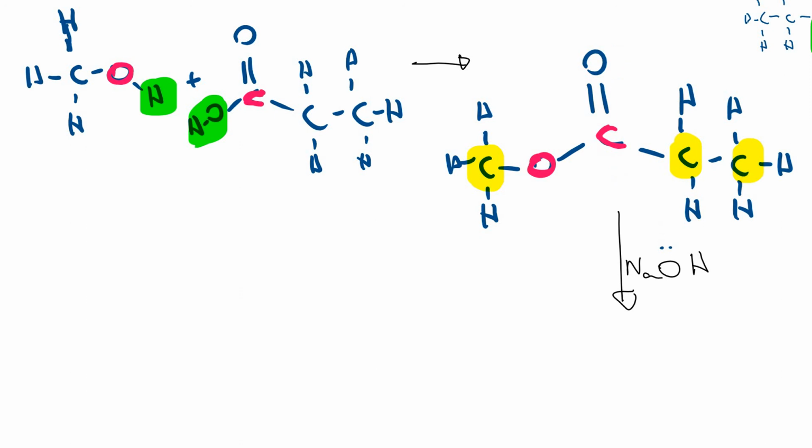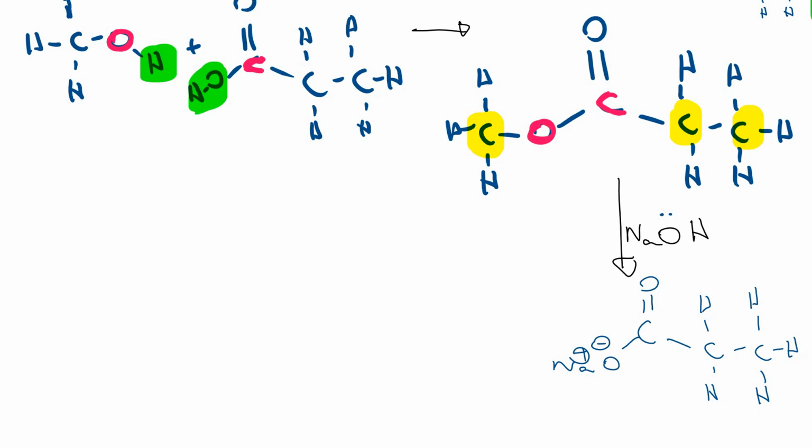You don't need to know that, but we're just going to go through that here. So you form this here, which is the salt of propanoic acid, and then you also form methanol. And that is sodium propanoate.